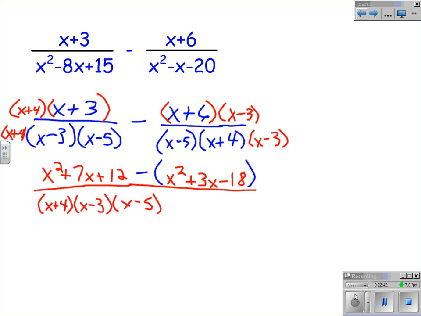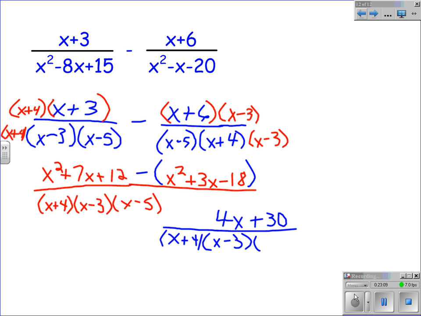So now add your numerators together, please. Add your numerator together, and let's see what we have when we combine like terms in our numerator. Nick? I got 4x plus 30 over x plus 4, x minus 3, x plus 5.